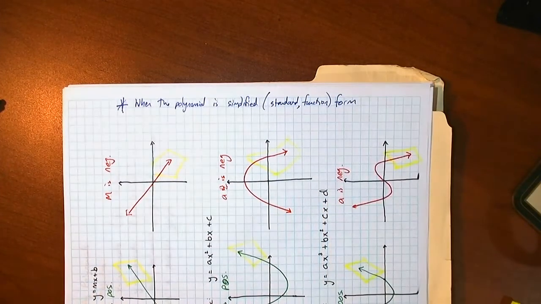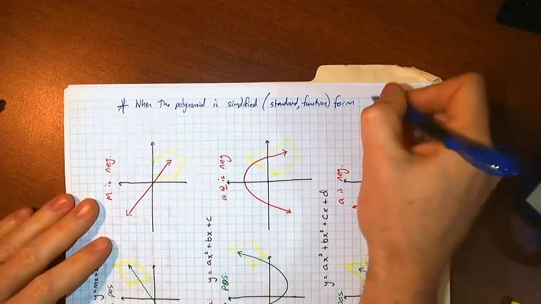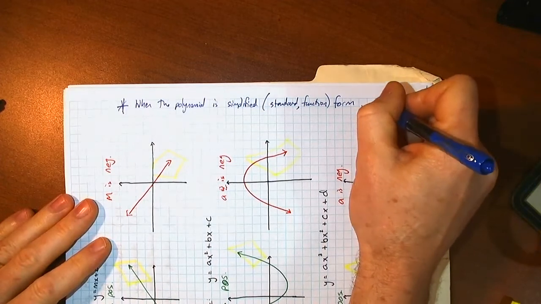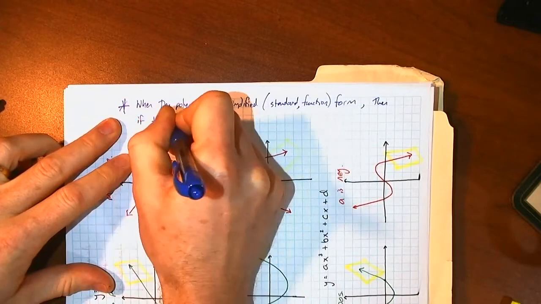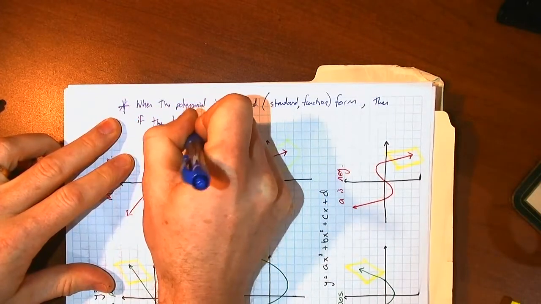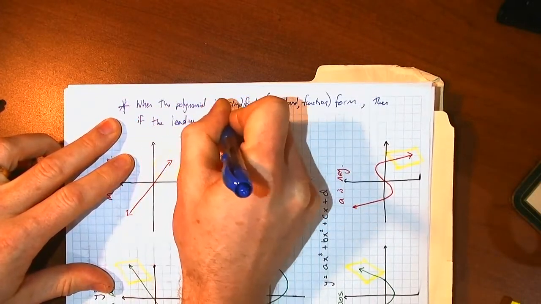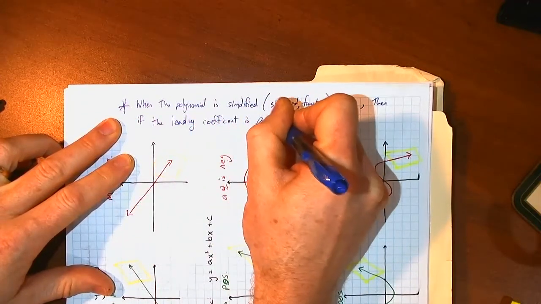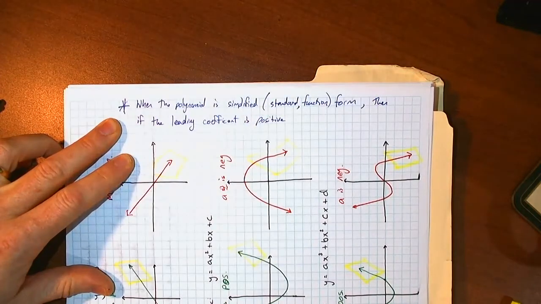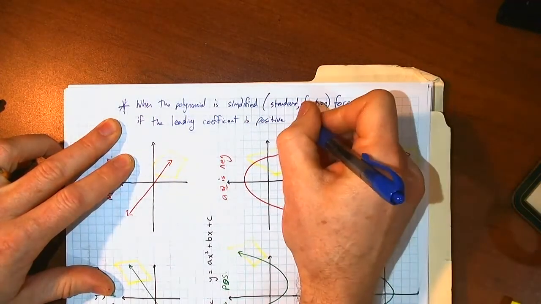Okay, when all that stuff is done, then if the leading term, leading coefficient is positive, the right-hand side of the graph will rise.